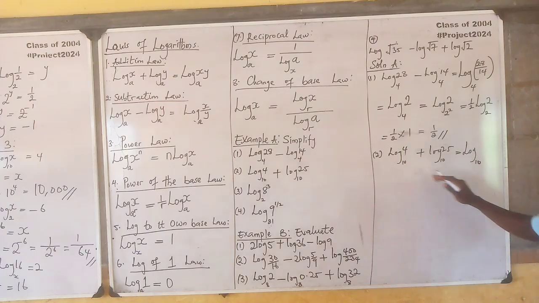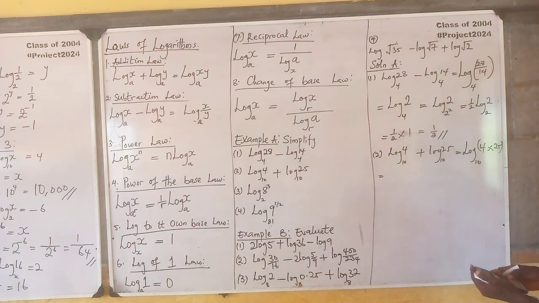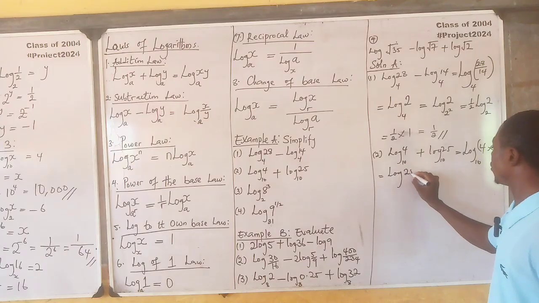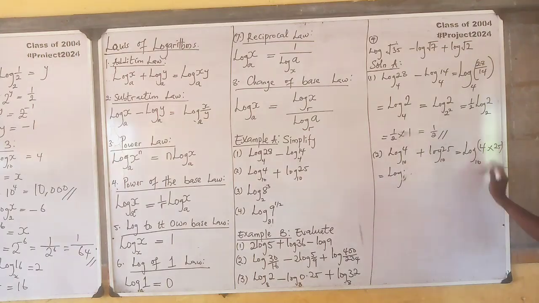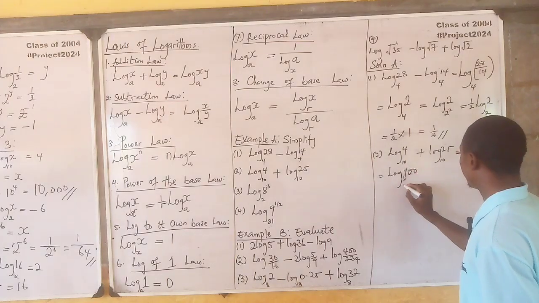Since it's plus, we multiply 4 times 25. So this is going to be equal to log of 4 times 25, which is 100, to base 10.